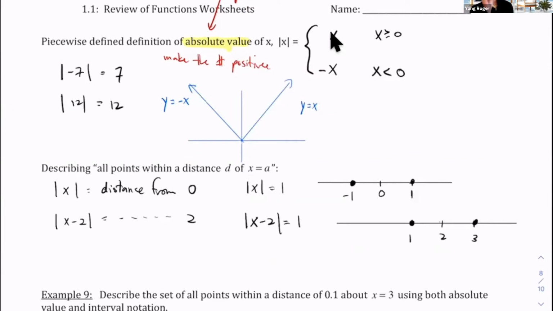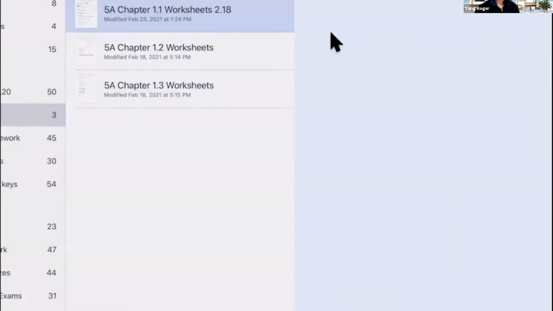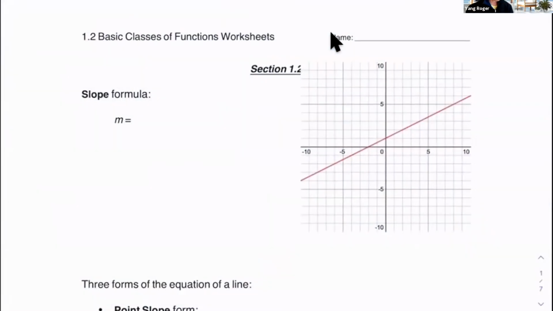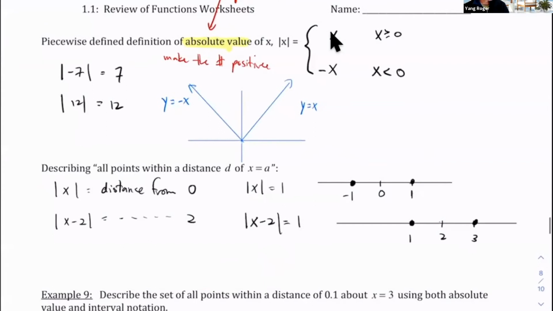So these are points that are distance 1 away from 2, or distance 1 away from 0. What happens if I wanted this within a distance d? You see this word here, within. I'm not saying that the exact distance is 1. I'm saying it's within a distance of 1. So this would change to an inequality.